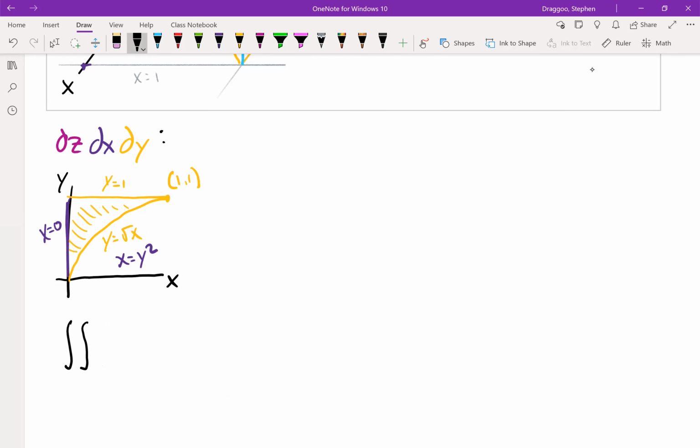Probably I'm going to need to give myself a little bit more space between the second and the third. So y is now happening last. It's going to go from 0 to 1. X is happening in the middle, and it should be going from 0 to y squared. And z, we left alone. We didn't need to change this one around. So we can still go from 0 to 1 minus y.